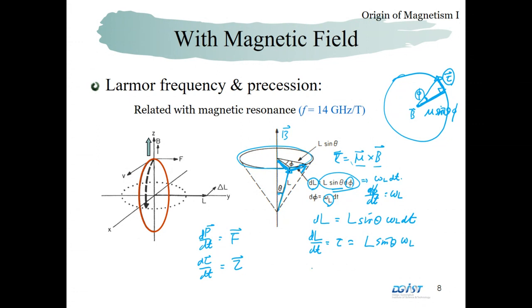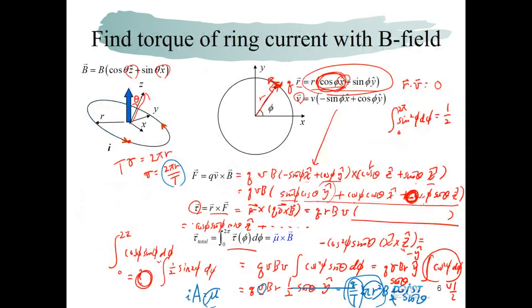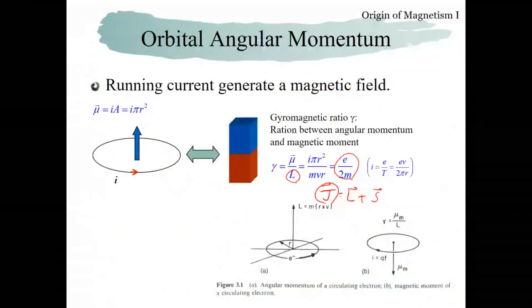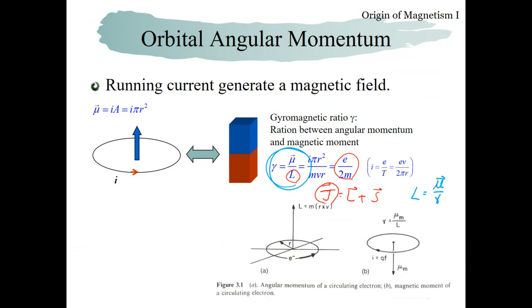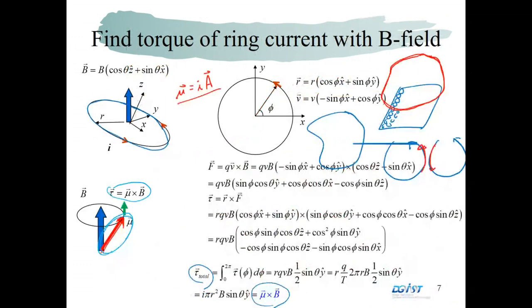And we know the relation between the L and mu here: mu is gamma times L. So let's write here.